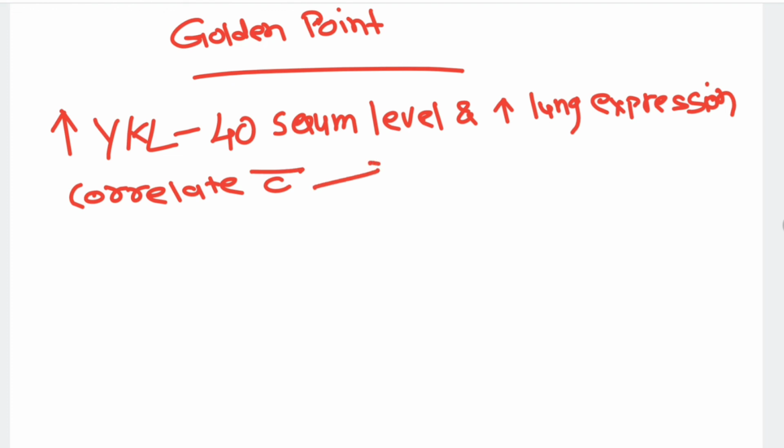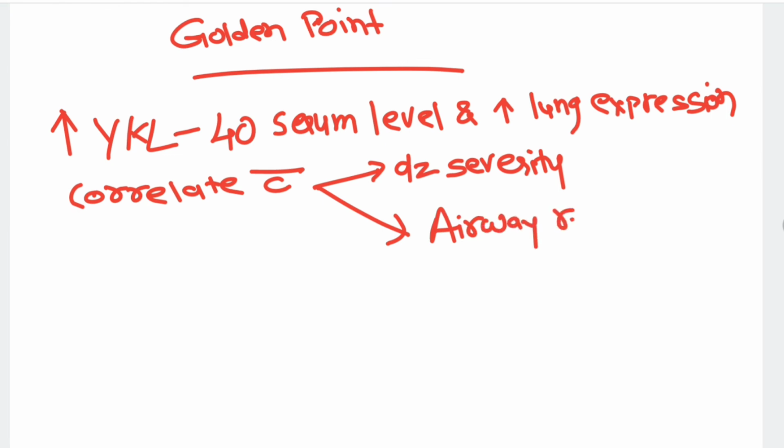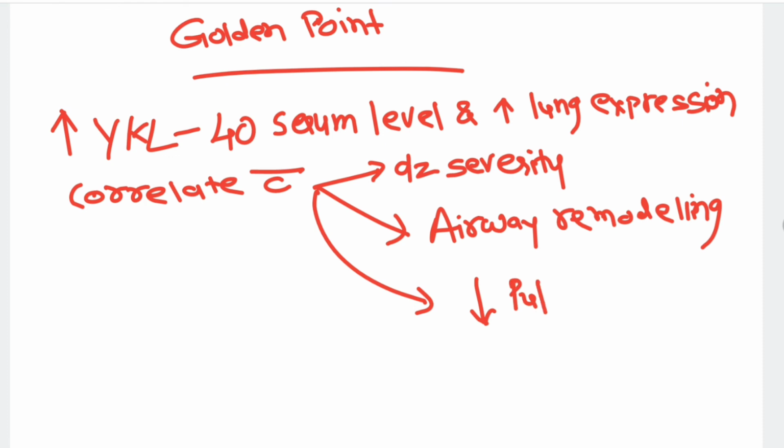It's also associated with airway remodeling, and it's associated with decreased pulmonary function as well. So if you have increased expression of YKL-40, it is associated with airway remodeling and a decrease in pulmonary function.